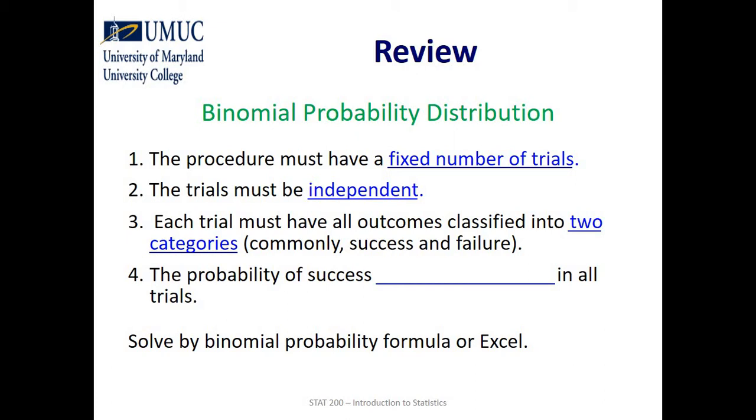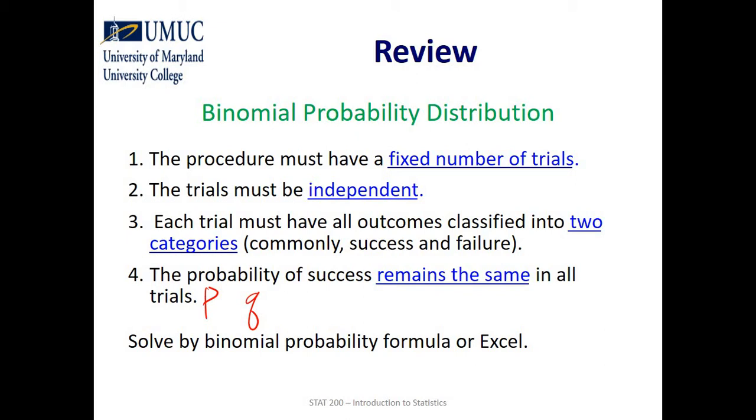You can qualify death as a success. It just depends on how you define the problem. And then the fourth requirement is that our probability of success remains the same in all trials. If you remember, the probability of success is given by p, and the probability of failure is given by q. So we can solve this using the binomial probability formula or Excel.